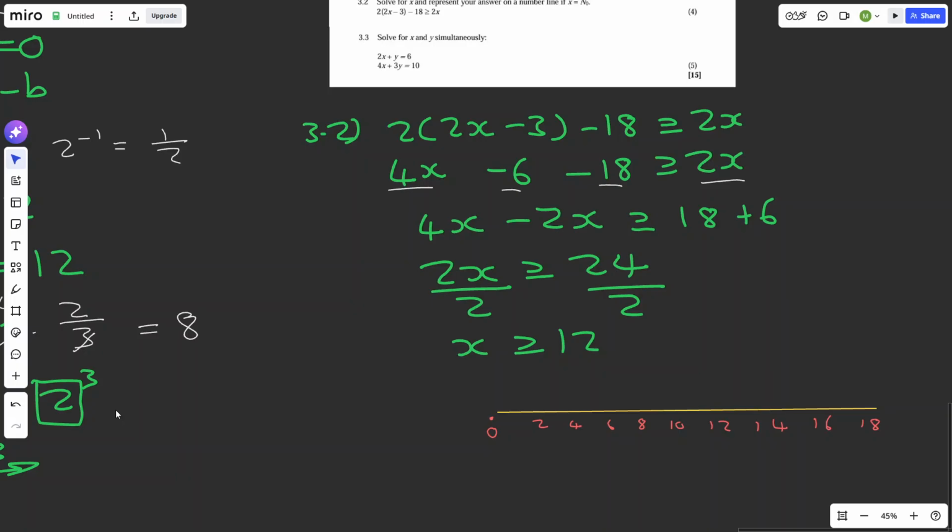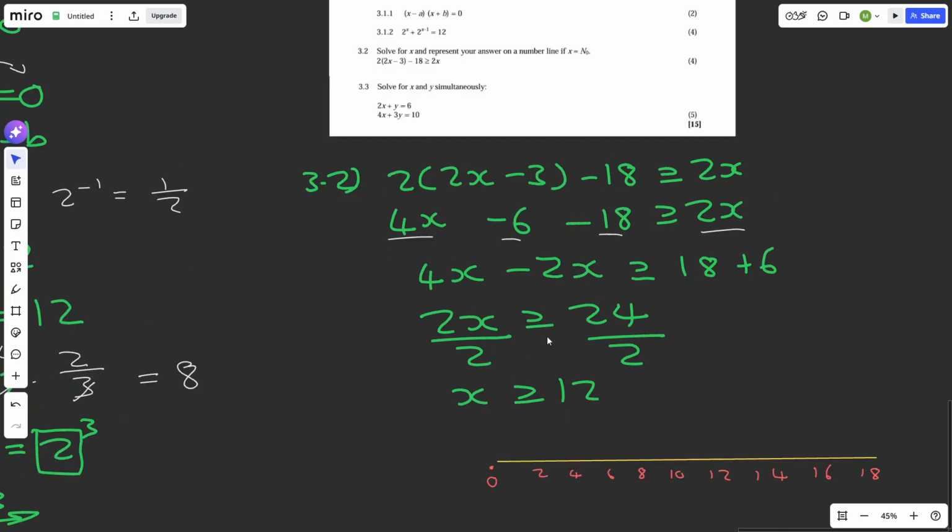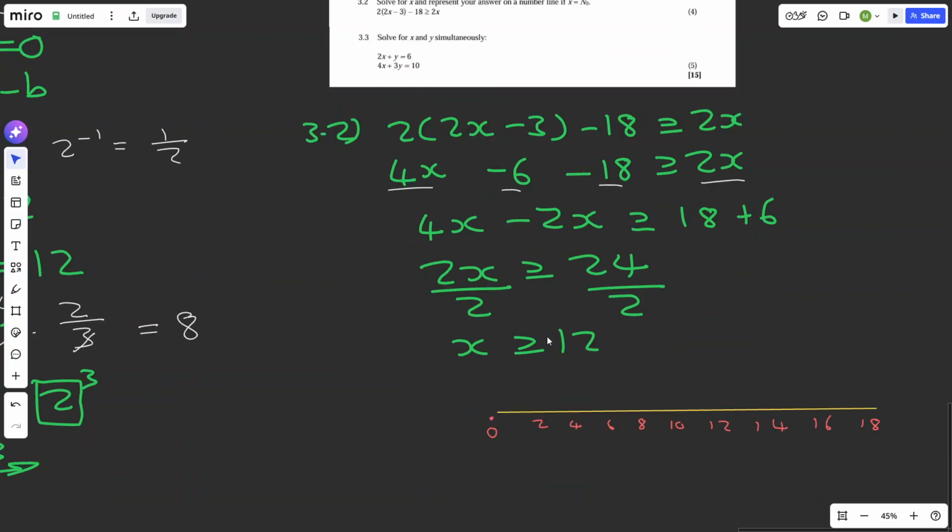Now we want to represent x greater or equal to 12 on the number line. If we check here, where is 12? It's here, right? So let's put a dot, or a circle, at that particular point. An open circle will only apply for cases where x is strictly greater than 12.